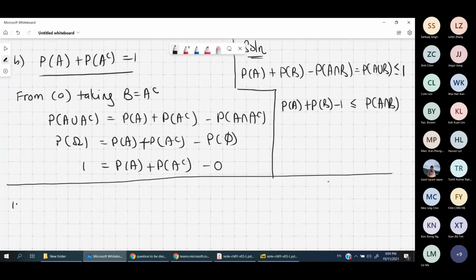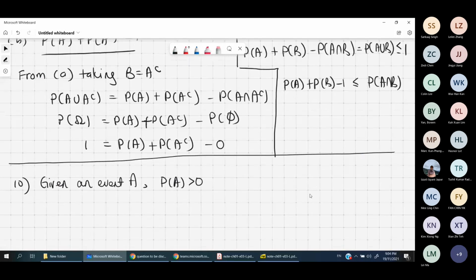Okay, so for question 10, first of all, given an event A, A is an event and P(A) is positive. This is just to ensure our P(A) is well defined.